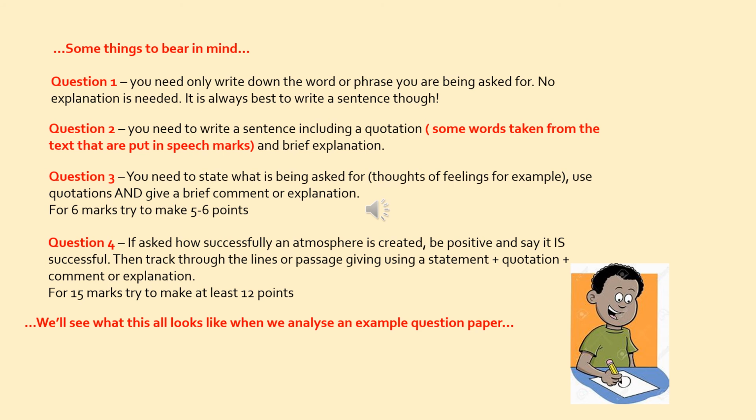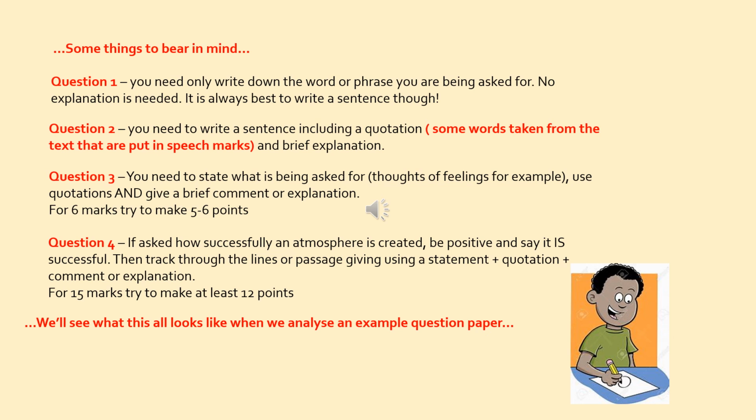And if you're going to achieve 6 marks for this, then try to make about 5 or 6 points if you can, and if you've got the time. Question 4 is the biggest weighted mark at 15 marks, and you will be asked to rate how successfully, for example, an atmosphere has been created.